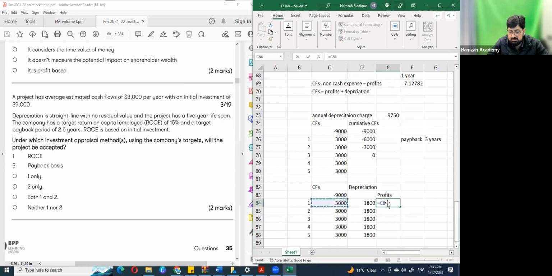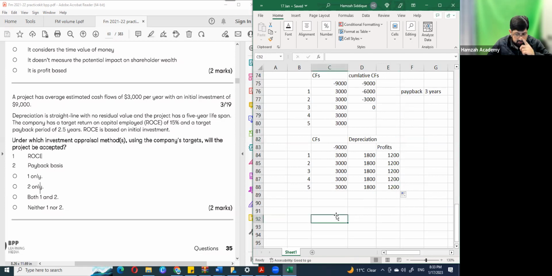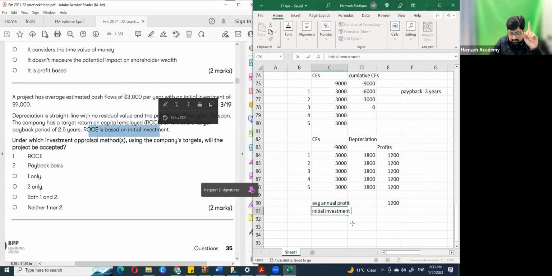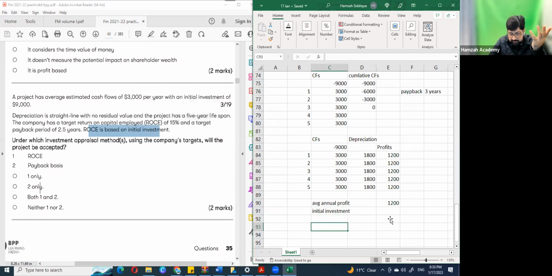So students, average annual profit is the same, 1200. They say use initial investment to calculate ROS, not average investment. So we will calculate the same.